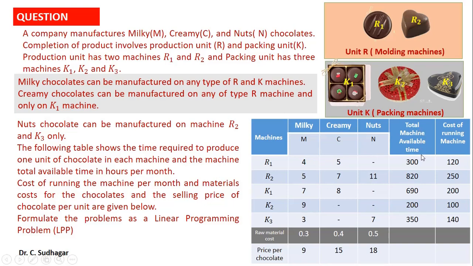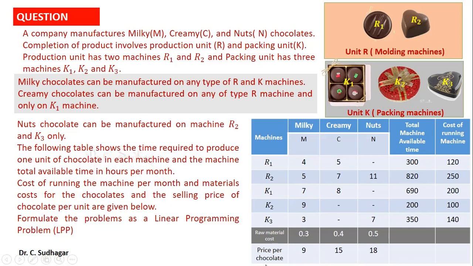Machine available time per month is given here. What is the meaning of this? This is the raw material cost. If you are making a milky chocolate, you have to spend on milk powder or whatever it may be. For one chocolate, the cost is 0.3 reals.